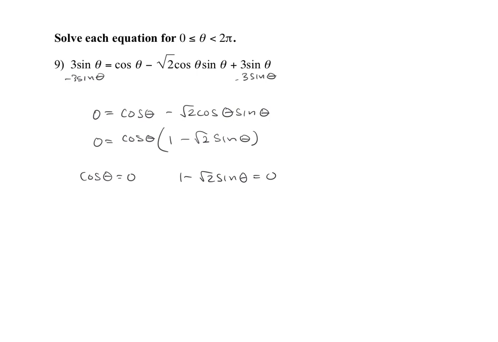So the one on the left, cosine theta is equal to 0, means that theta is equal to the inverse cosine of 0. So we can use a unit circle for that. So the cosine is equal to 0 on the unit circle at pi halves and at 3 pi halves.